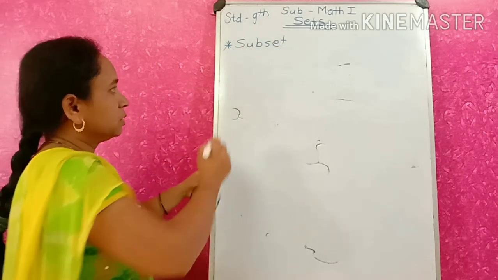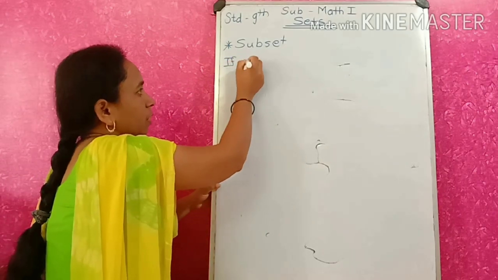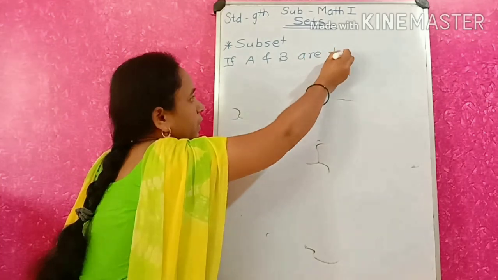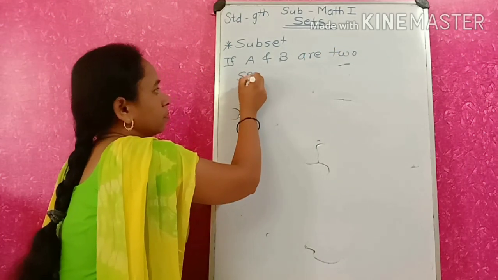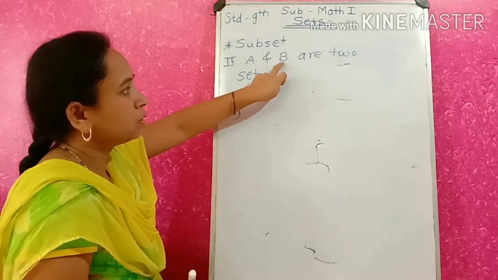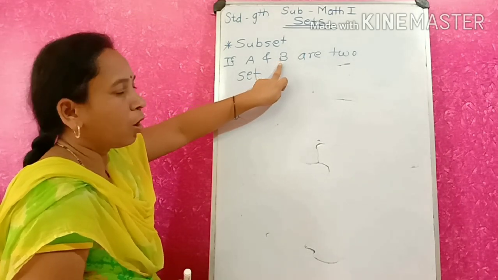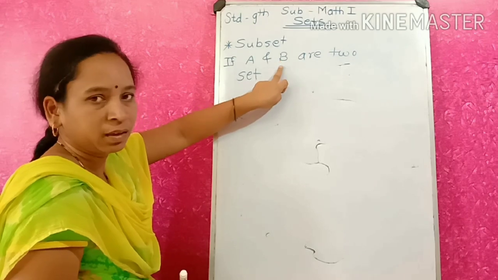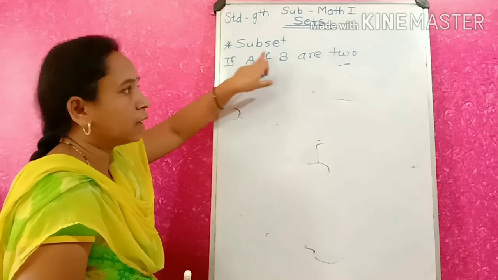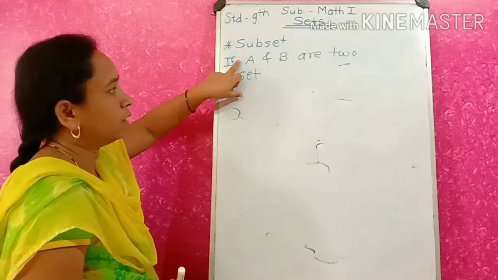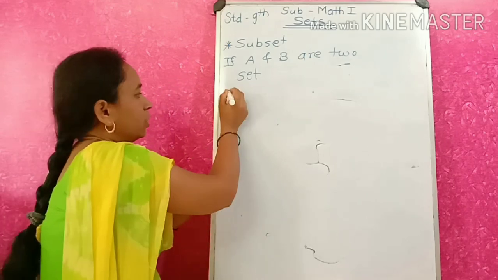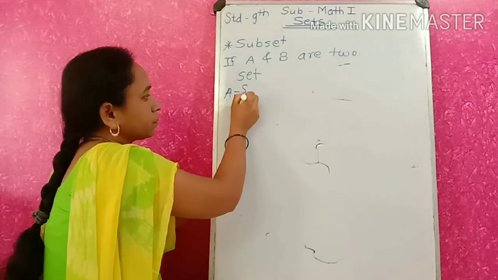To explain this, if A and B are two sets, and all elements of the B set are present in A set, then you can say that B is a subset of A. For this, I'll consider an example.